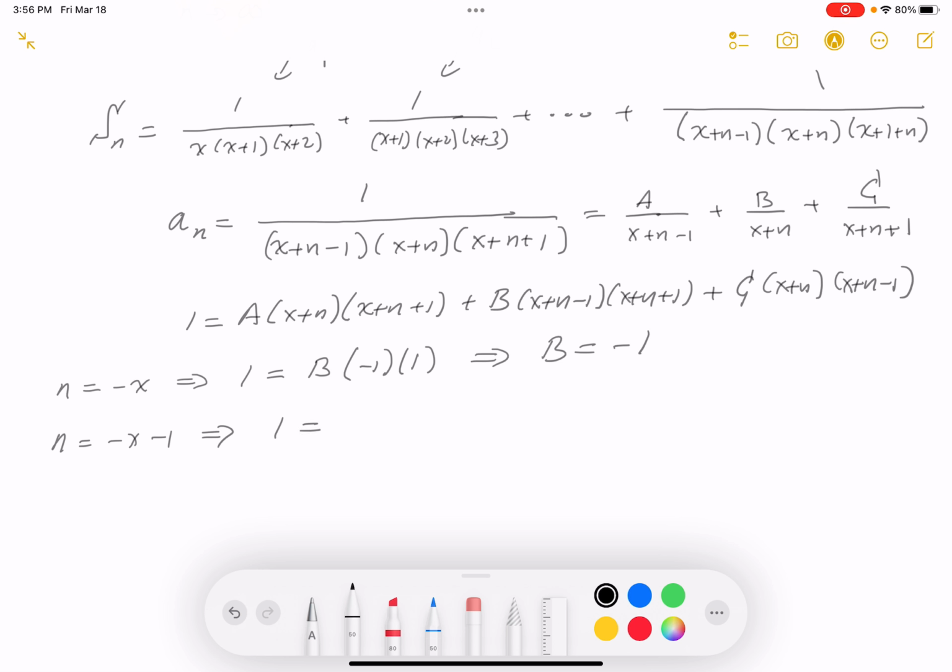And if N is minus x minus 1, the A would disappear, the B would disappear, and then you're going to get a C. You would get minus 1, and then minus x would disappear, and that would be minus 2.